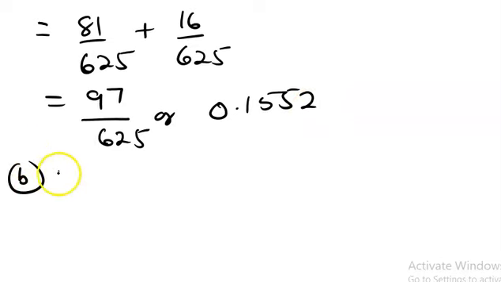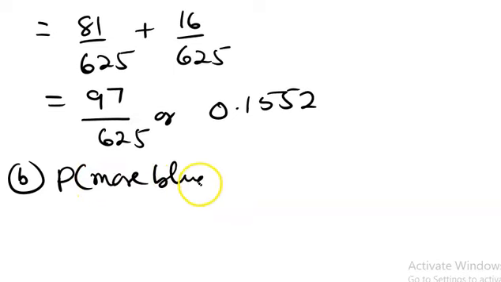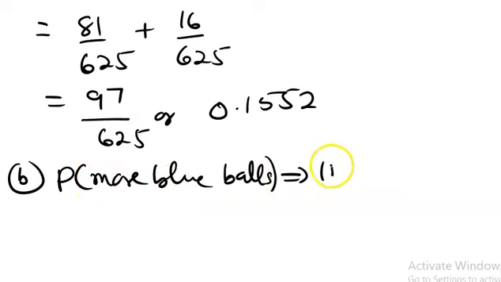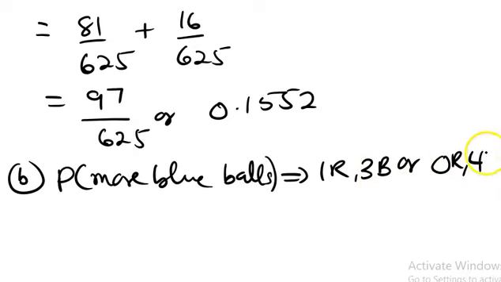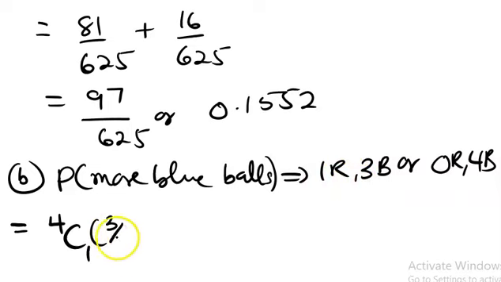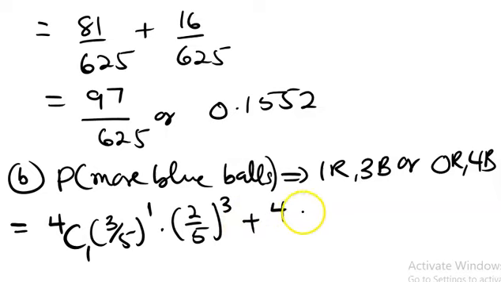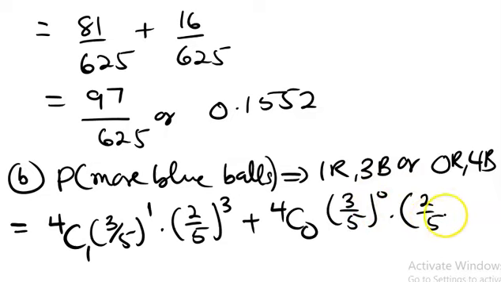So let's look at the B part. More blue balls. Probability of more blue balls. That implies that you can have 1 red and then 3 blue, or 0 red and then 4 blue. So the probability is 4C1, 3 over 5 raised to the power 1 times 2 over 5 raised to the power 3, plus 4C0, and then 3 over 5 to the power 0 times 2 over 5 to the power 4.